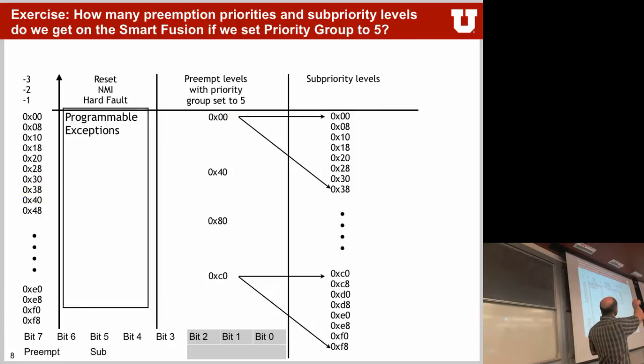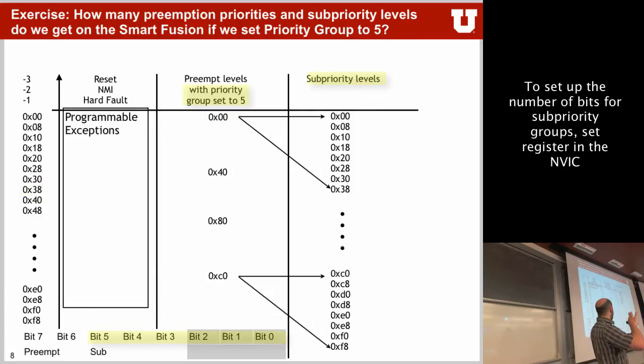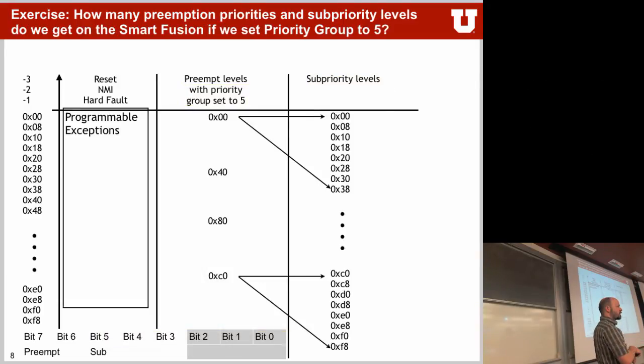The group setting is a 4-bit or 3-bit number in a register somewhere in the NVIC, where you tell how many bits of the priority you will use for sub-priority and for preemption priority. So in this case, if it's set to 5, it means that bits 0 to 5 are used for sub-priority, and 6 and 7 are for the preemption priority, or the group.